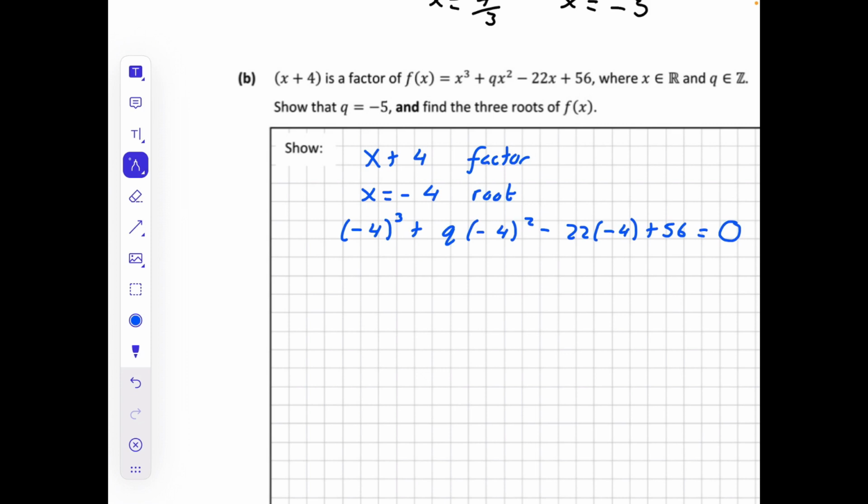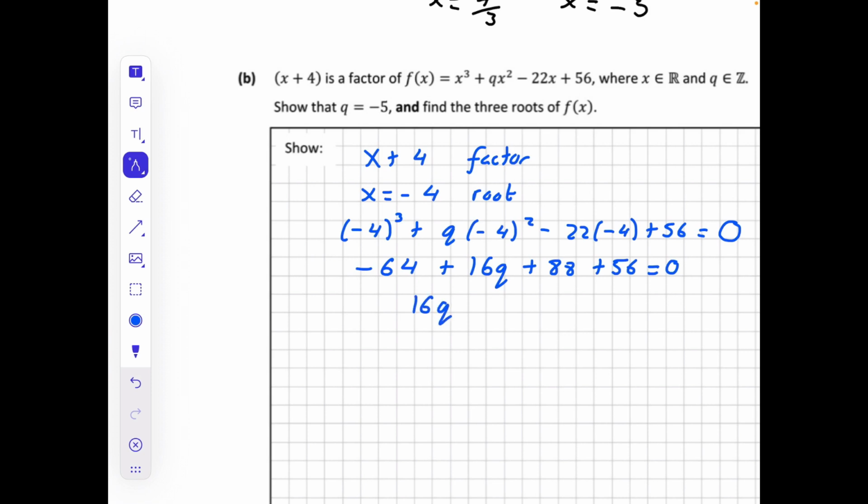So I'm going to put in the individual parts into my calculator. So this is minus 64 plus minus 4 squared is plus 16. q minus 22 by minus 4 is plus 88. Plus 56 is equal to 0.